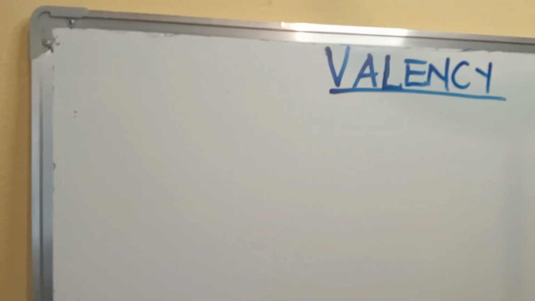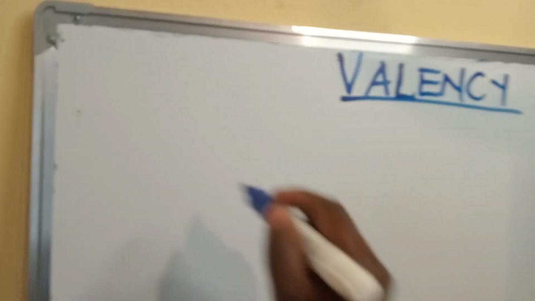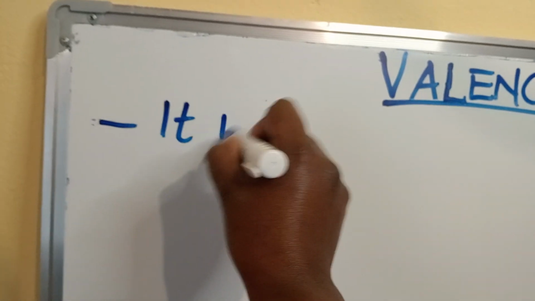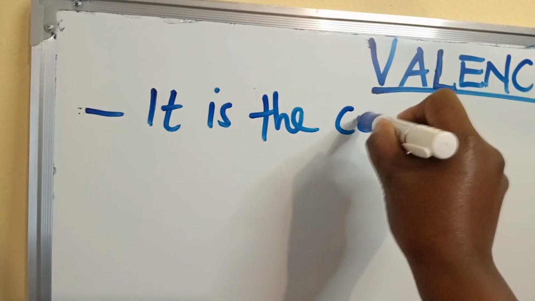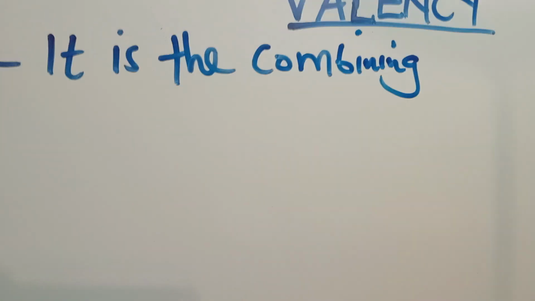So we begin. Valency is the combining power of an element. So you write, I hope you're writing. It is the combining power of an element.